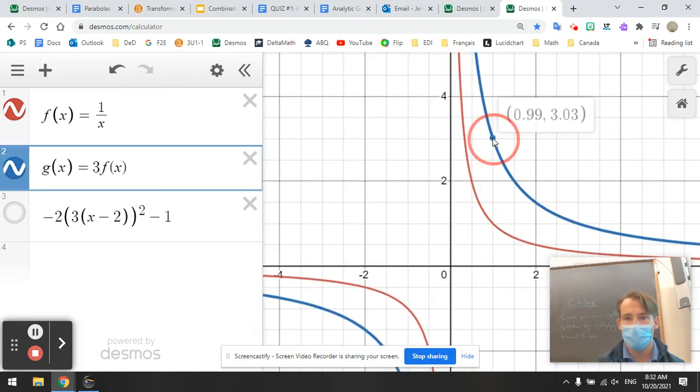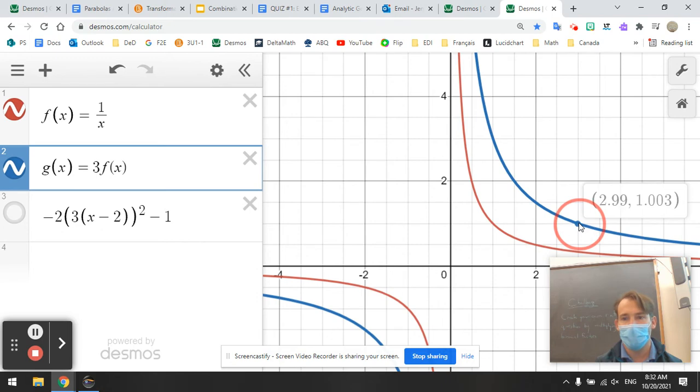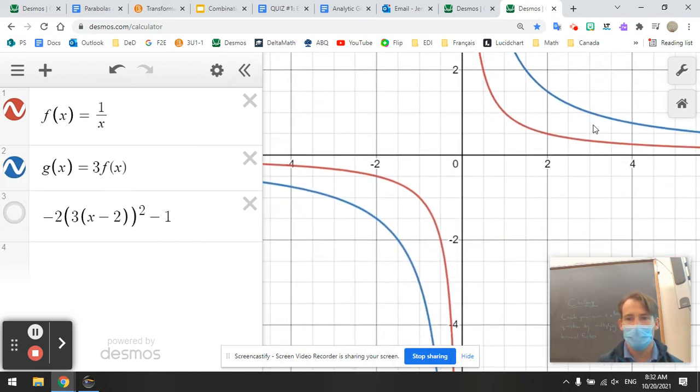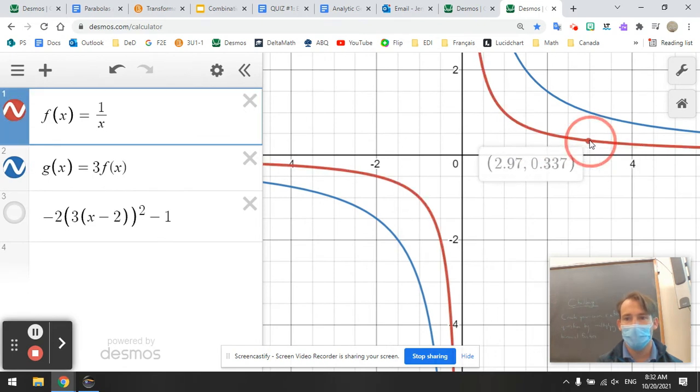And indeed, there it is, 1, 3. We're also seeing a similar point over here, 3, 1. And that came from the point 3, 1/3 on the original function. So that's our vertical stretch. There's 3, 1/3 there. 3 and then 0.3333. So that's vertical stretch.